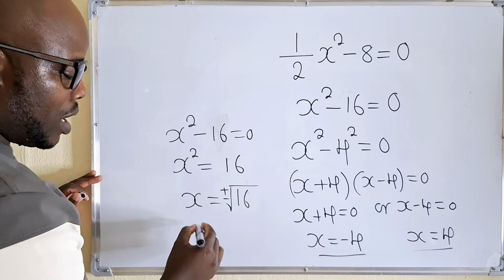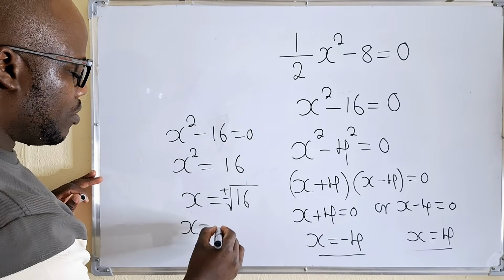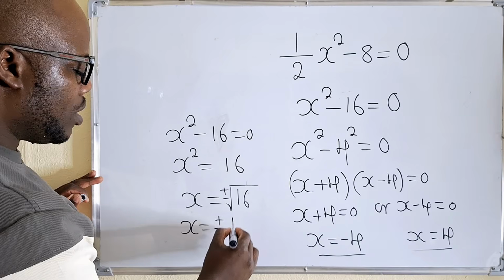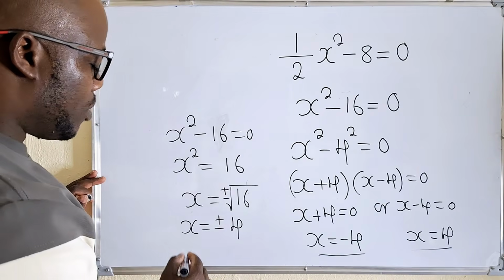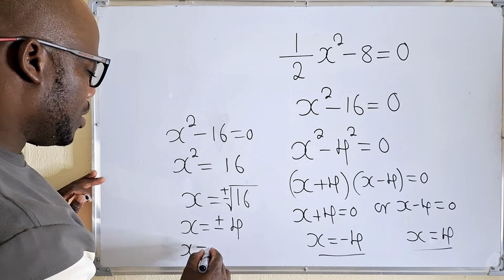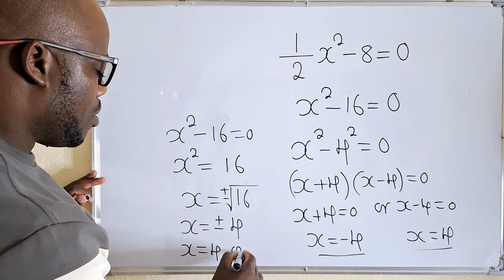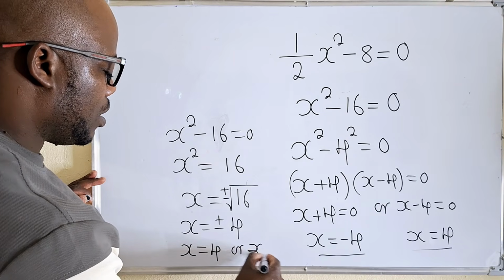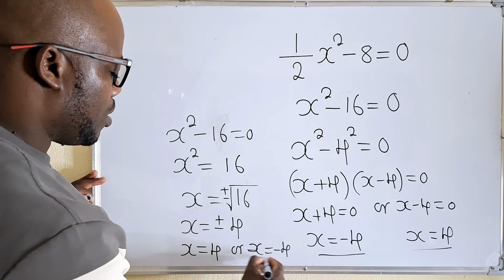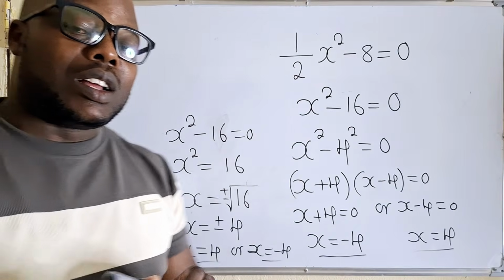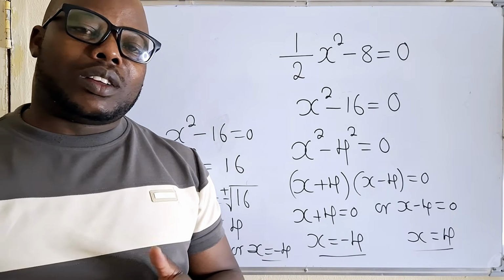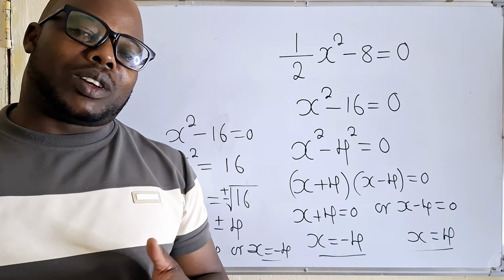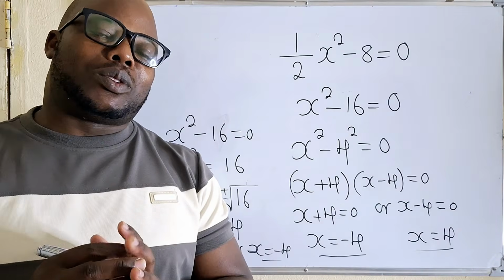So positive or negative, this will simply give us a positive or negative 4, because the square root of 16 is 4. And here we can say x is equal to 4, or x is equal to negative 4. So we're getting the same solution. So let's go to the next question and we'll see what we're supposed to do.